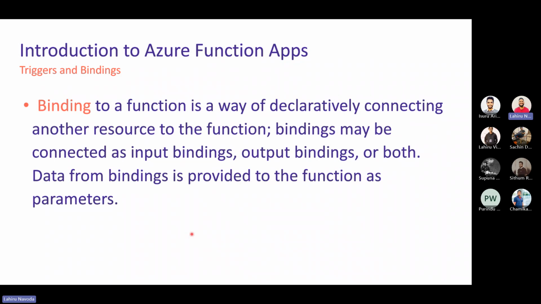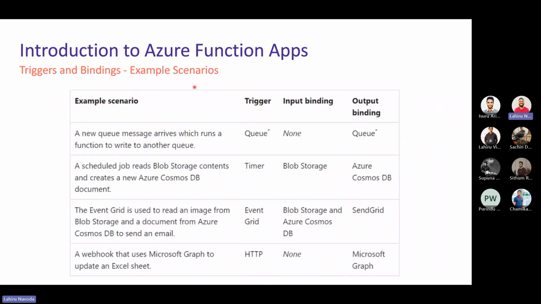I have added some example scenarios to explain these triggers and bindings. Let's go one by one so that you can have a better understanding. The first example is a new queue message arrives, which runs a function to write to another queue.